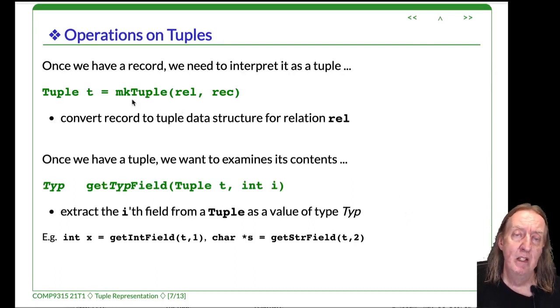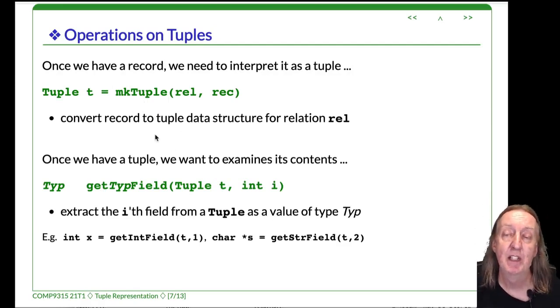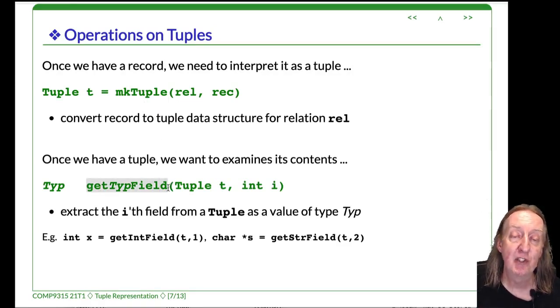Alright, so once we've got a tuple, how do we extract the attribute values? Well, there's going to be typically a bunch of extraction functions called get blah blah blah, get type, and a field ID. Let's say that we've got some examples down here. The first attribute is an integer.